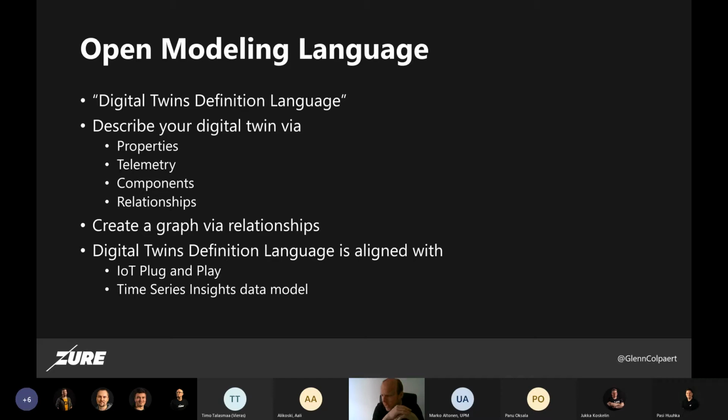And then maybe the most important part of your digital twin is the relationship. The relationship allows you to define how digital twins interact with each other. So what is the relationship of your twin with something else? During my demo, you will see that I've modeled out my house.